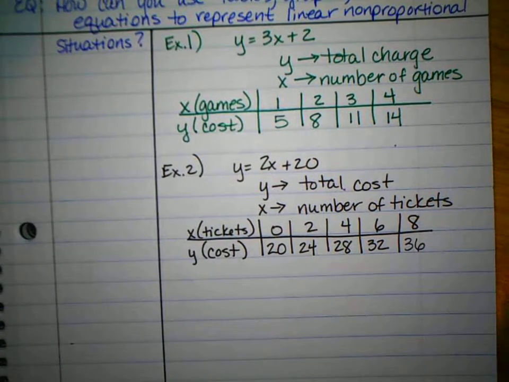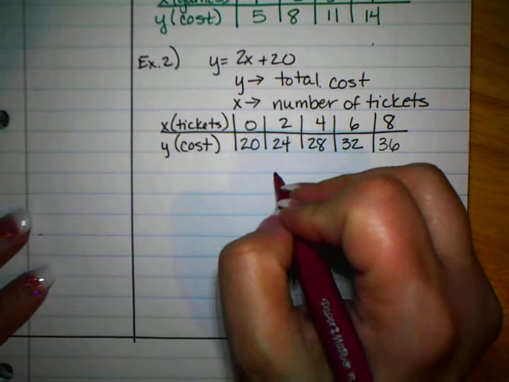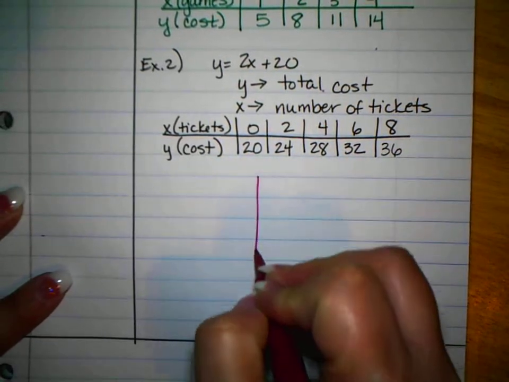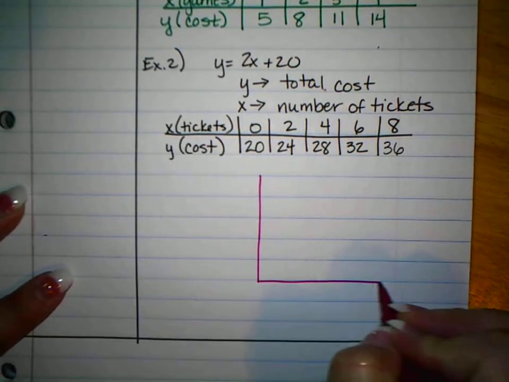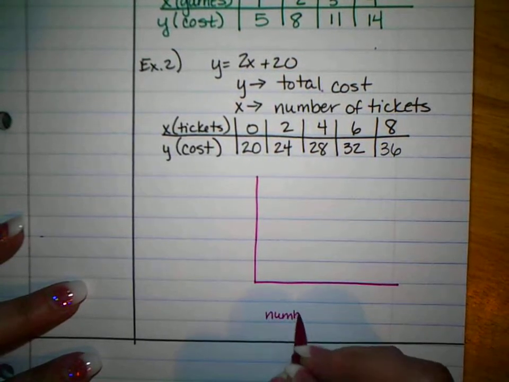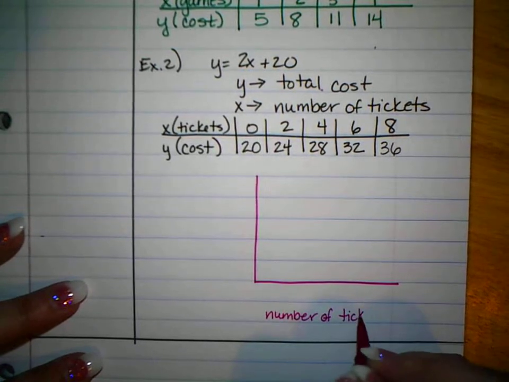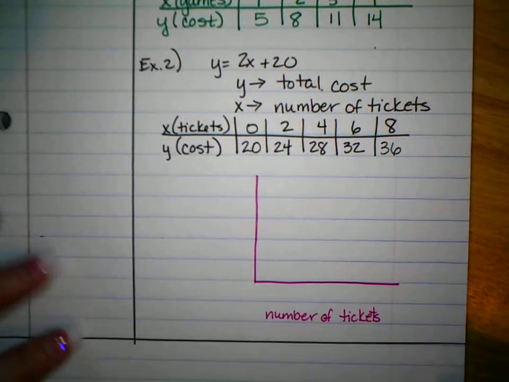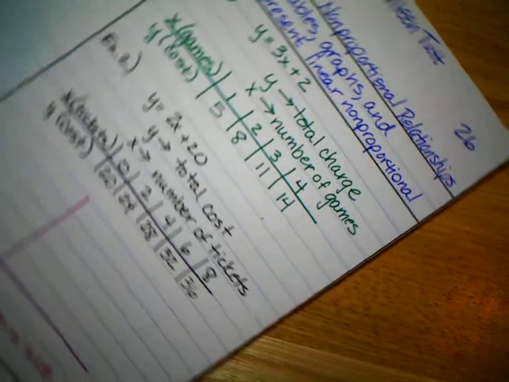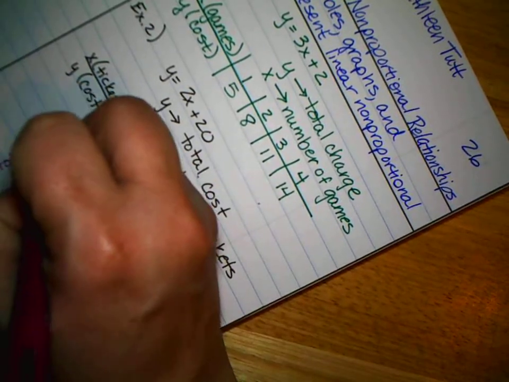Then we need to plot our ordered pairs. So I'm going to sketch a graph here. My x is the number of tickets. And notice that when I do my graphs, I'm also always labeling what they are. My y is the total cost to visit the park.